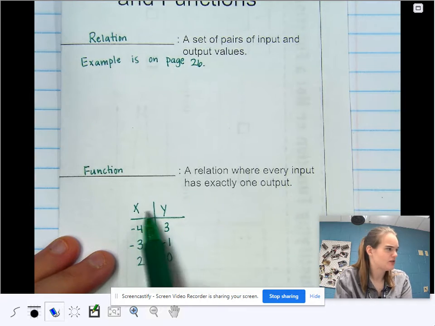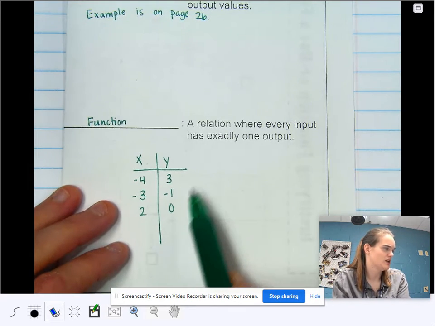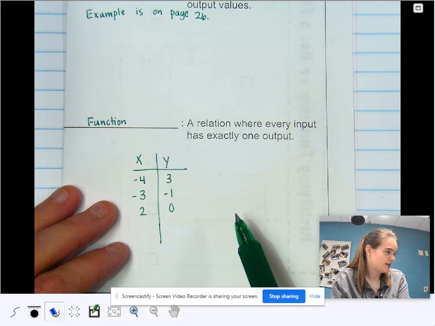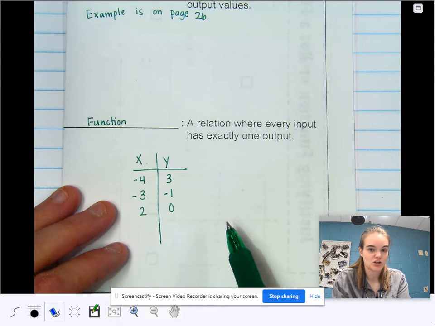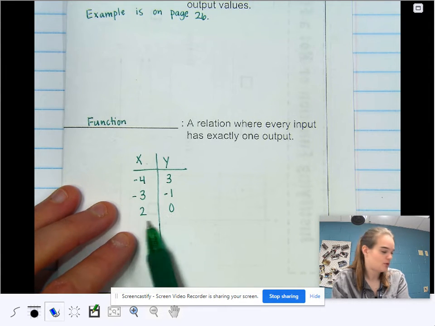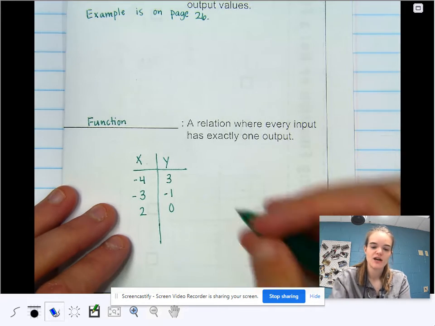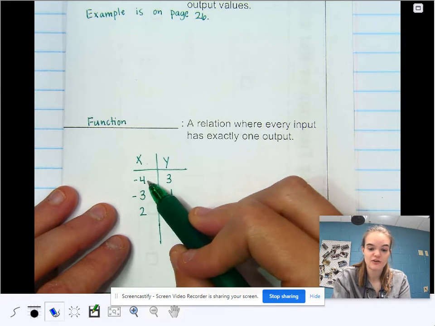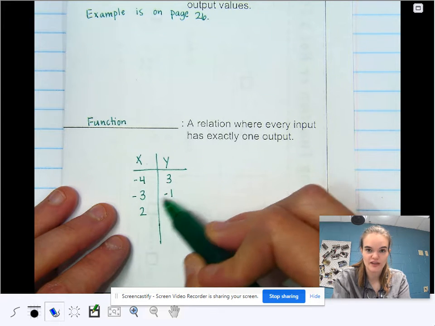Remember, these are the inputs, these are the outputs, so every input can only have exactly one thing over here, which means, you see how in the notes from a few minutes ago that x had 2 twice? That's not a function, which means I'm not going to put 2, 5. I'm going to leave that one out, and I'm going to stop right here. I don't have to keep filling it out. This is a function because every single one of these is only written once. It only goes to one thing, okay?